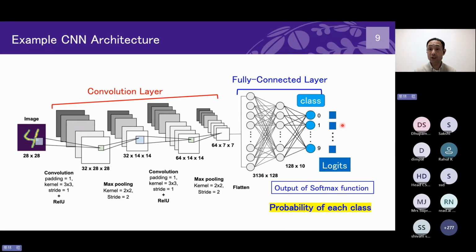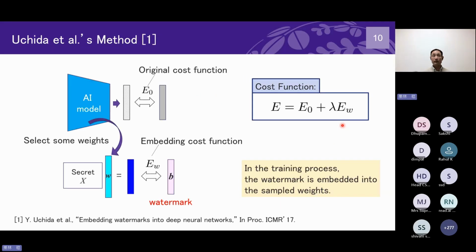Now, based on this architecture, we think about the preliminary work on DNN watermarking proposed by Uchida et al. in 2017, at the ICMR conference. In Uchida's method, this is an AI model, and this model is trained to produce output according to the original cost function E0.